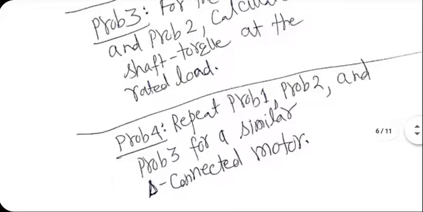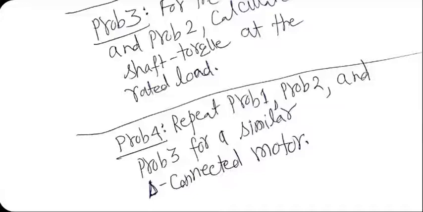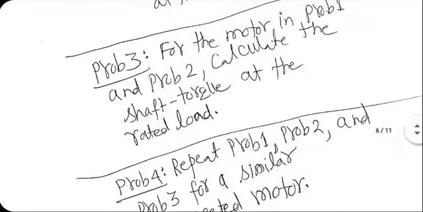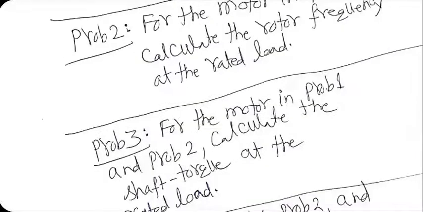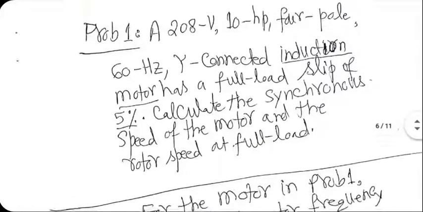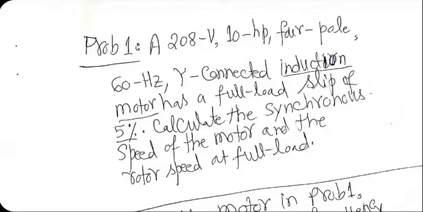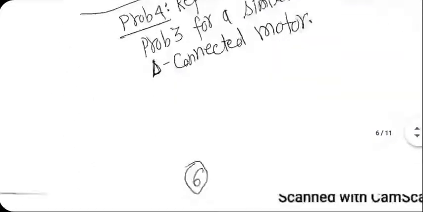Now repeat these problems for delta connected motor. Hmm. I don't think anything would change at all. As far as I'm concerned, everything will remain the same. Whatever we have done applies to both Y connected and delta connected motors.